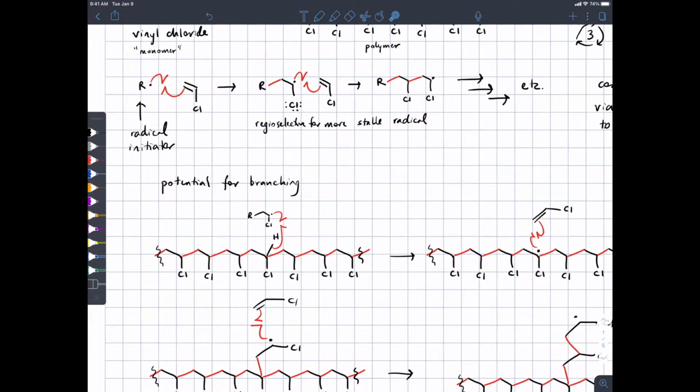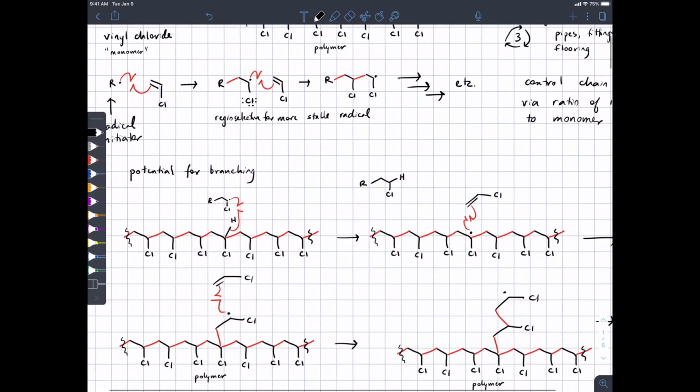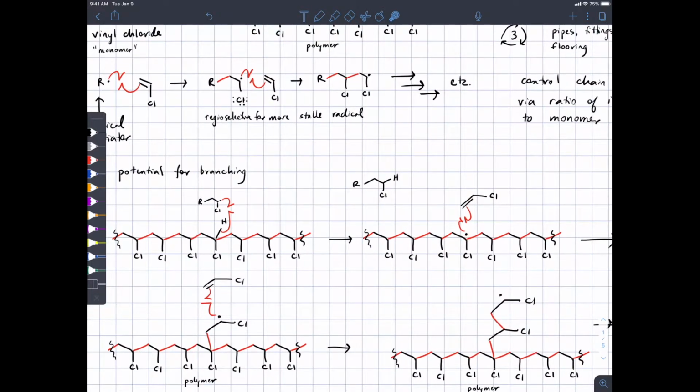Branching can occur in these types of polymers because the hydrogens that are in the main chain of the polymer can also be removed by radicals. And so depending on the circumstances, a growing polymer chain might abstract a hydrogen from another chain. That would terminate the one chain, causing that to be over, but it would create a radical in the middle of another chain, and again, it would selectively be on the more substituted carbon where it's more stable.